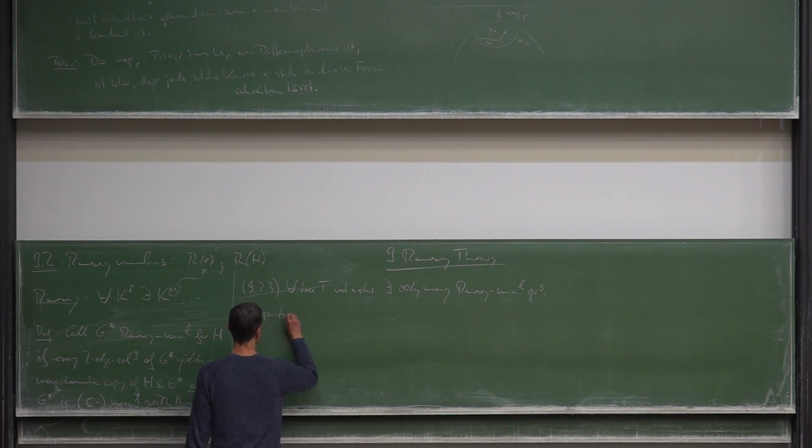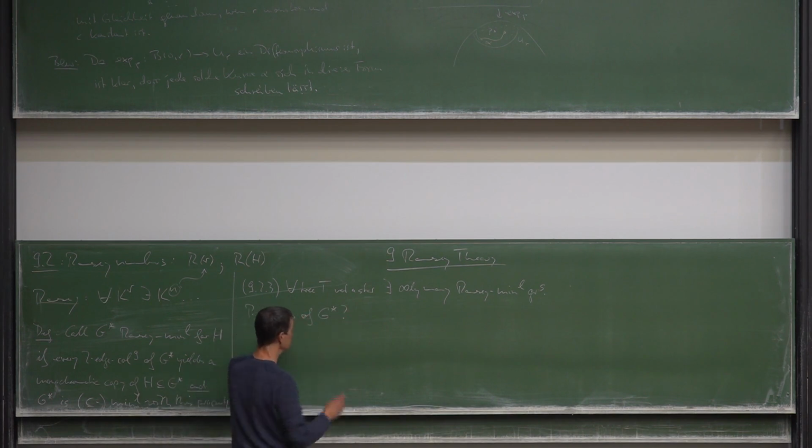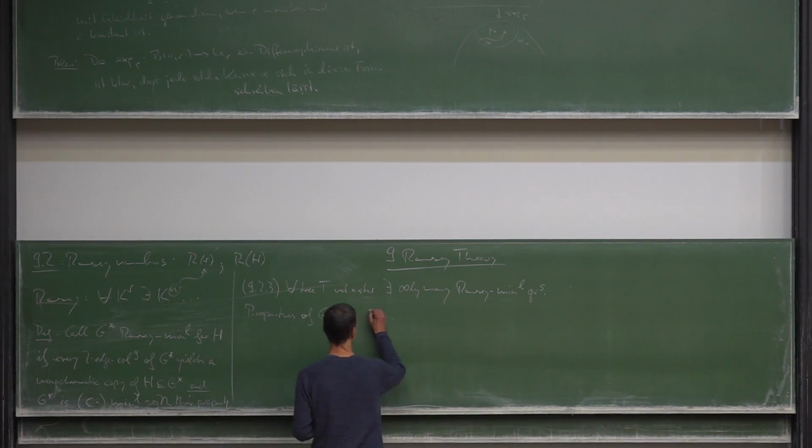What can we say about properties of these Ramsey minimal graphs G star for a given tree T? There's one thing we can say.